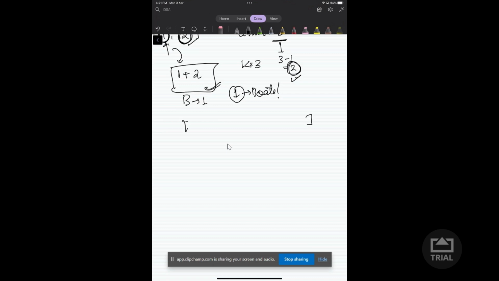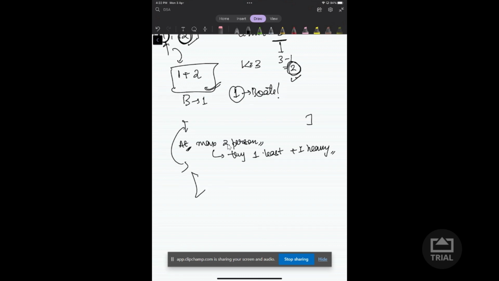At every time I can take at most two people. So why not take one least weighted person plus one heavy person?